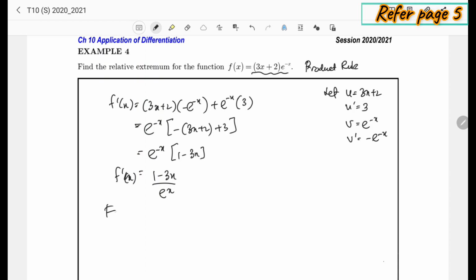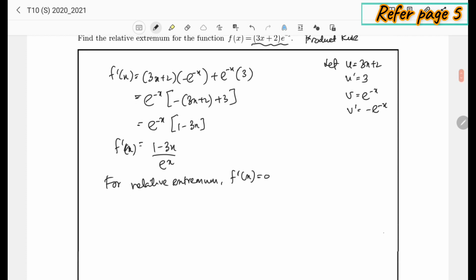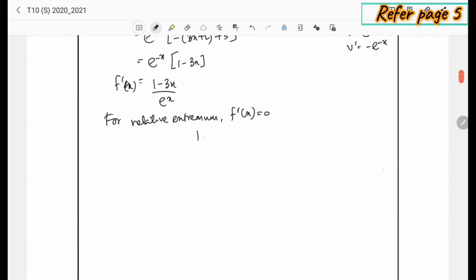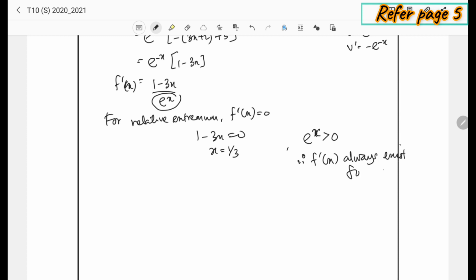So for relative extremum, f prime x equals 0. So 1 minus 3x equals 0, x equals 1 over 3. So for the denominator, e to the x is always greater than 0. So hence, f prime x exists for all x.